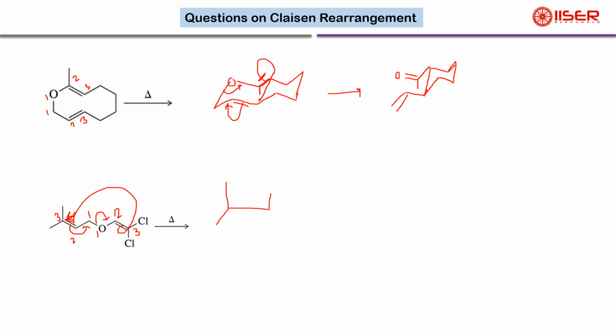There will be two chlorines, adjacent to that there will be a ketone, sorry, an aldehyde. So this will be our product. I hope you are getting it. This will be our product.